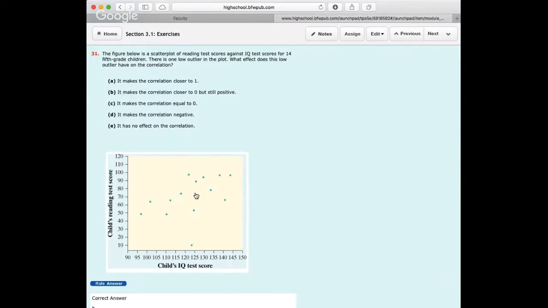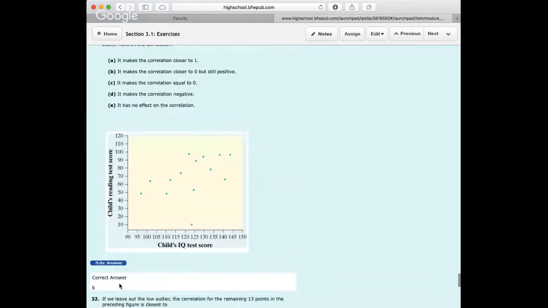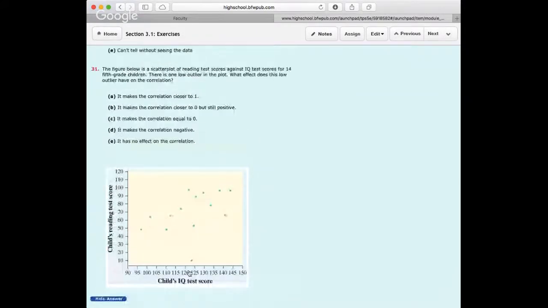Sure, it is still positive, okay? But this outlier, that's exactly right, because the correlation is linear, the fact that you put this on the outside makes it more of a cluster, right? It's not a cluster yet, but it does spread the data out. And since it spreads it out more, we would say that this would push the correlation, the R, closer to 0.